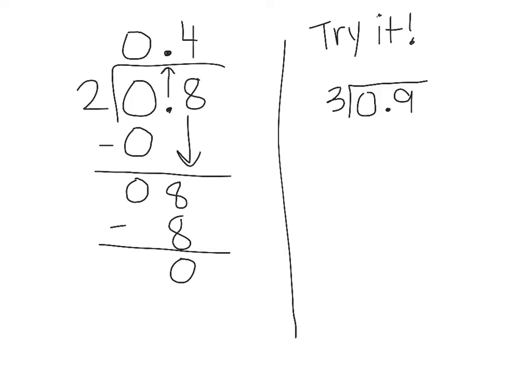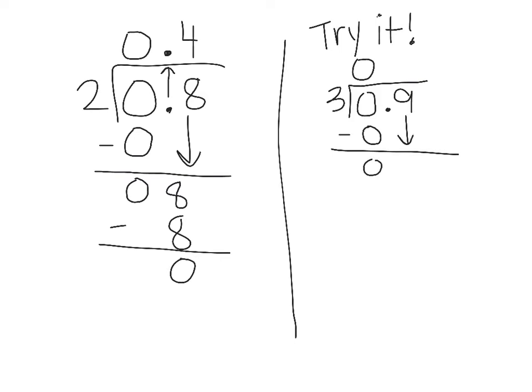Go ahead and try the next example all on your own, so pause the video as you work through it. 9 tenths divided by 3. We start by dividing our ones place. So we do 0 divided by 3, which is equal to 0. 0 times 3 is 0. 0 minus 0 is 0.